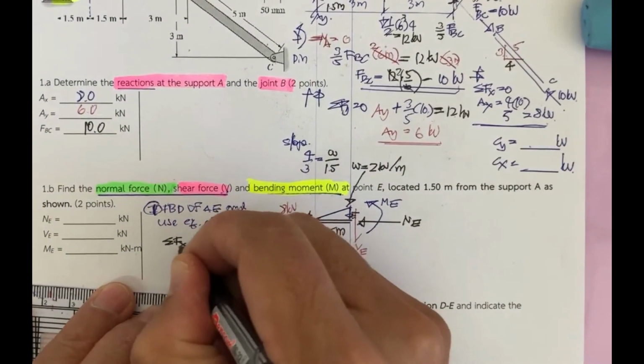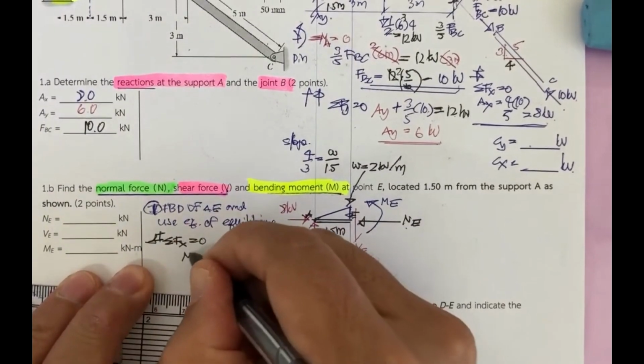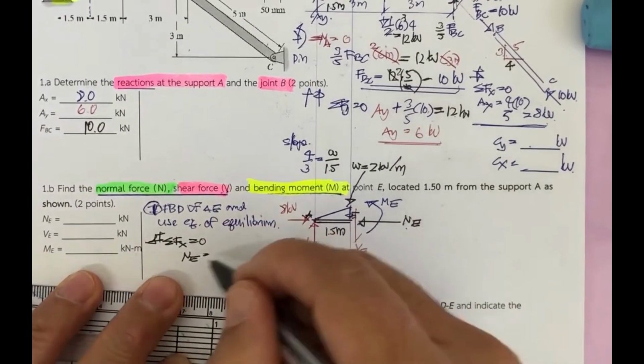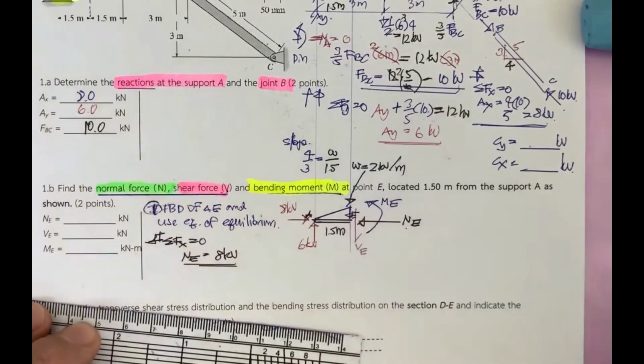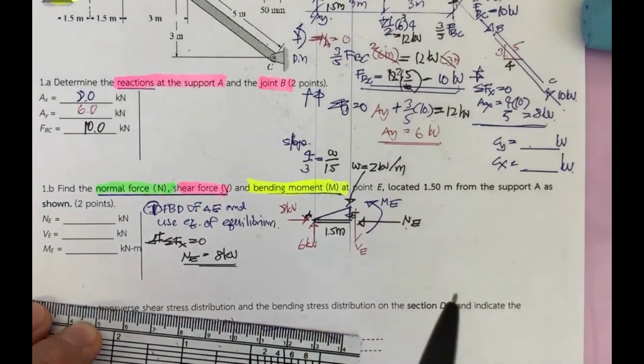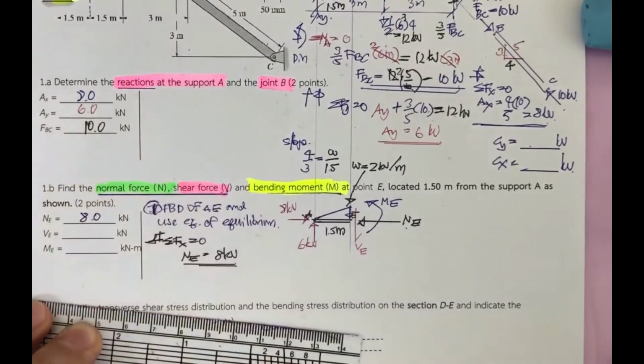Summation of F sub x equal to 0. This one is positive, so N sub E is going to be 8 kilonewton. Okay, that is the first one: 8.0 kilonewton.